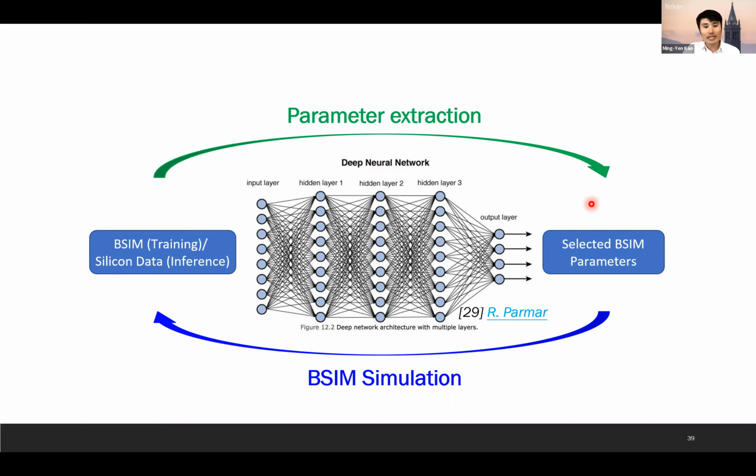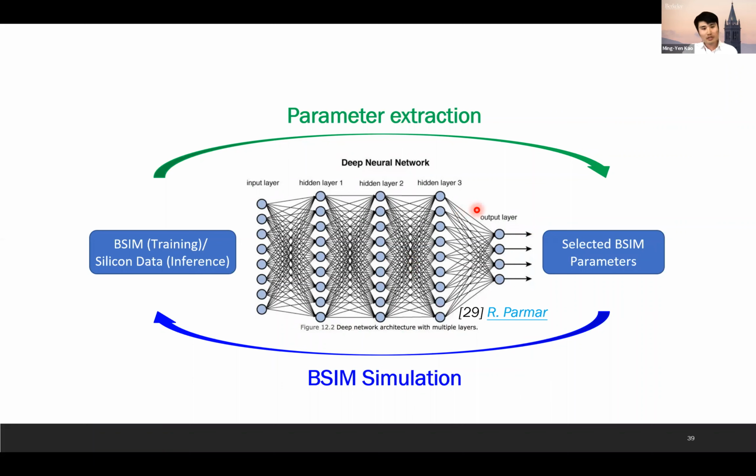In the training stage, the model is solely trained by the training data produced by the compact model. And we can use the silicon data to do the inference. Once the silicon data, a measurement of the IV and CV, is fed in as input in the same format as we train, we can get a parameter extraction result in a second, with very efficient inference by this deep neural network.